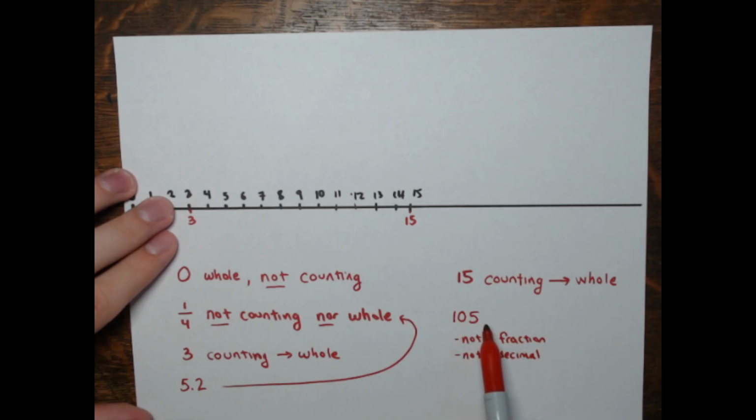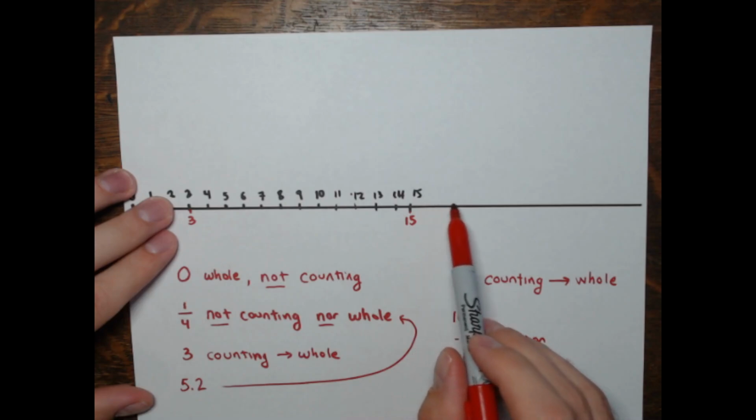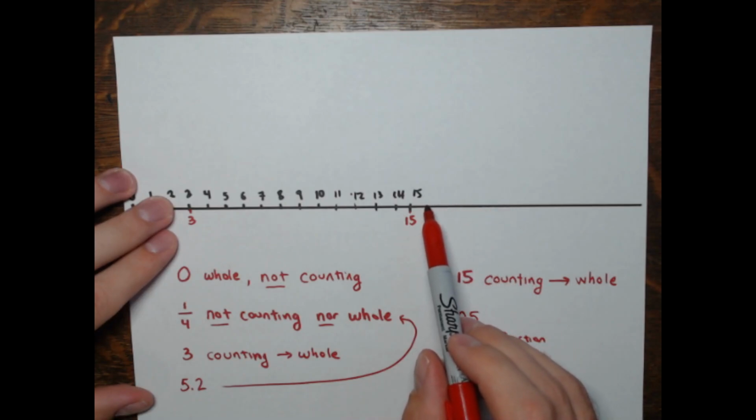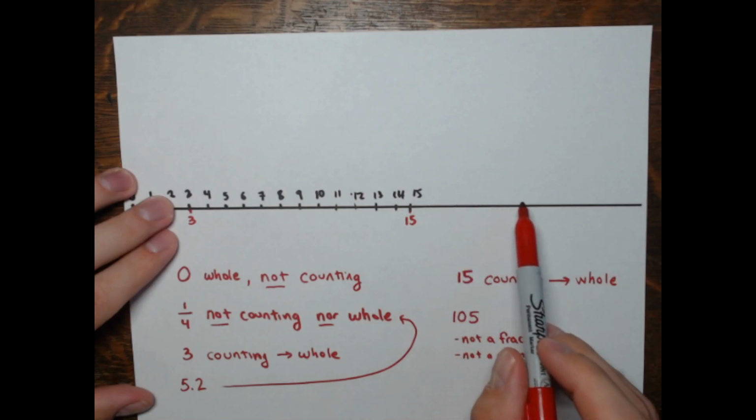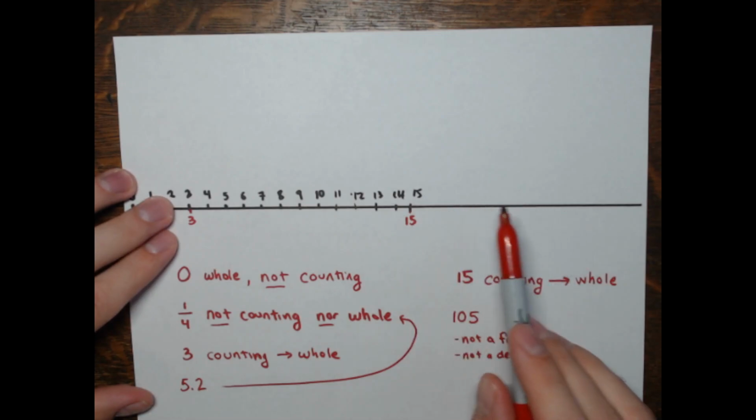Now, I guess technically you could say 0.000, throw a bunch of zeros on. We'll talk again about place value and decimals at a later time. But not a fraction, not a decimal. And if I were to continue bumping these up by 1, 16, 17, 18, 19, I'd eventually get to 100.